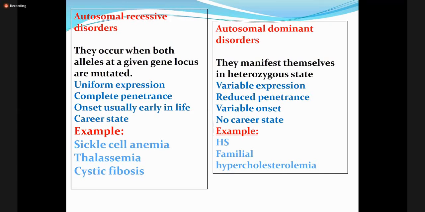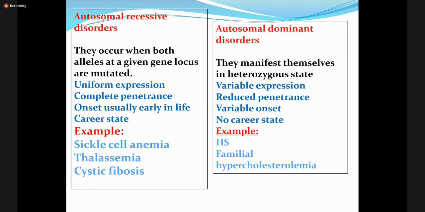For example, if a patient has a family history of hypercholesterolemia, not everyone with that gene mutation would be expressing equal degree of hyperlipidemia. Degree would be variable depending on lifestyle.